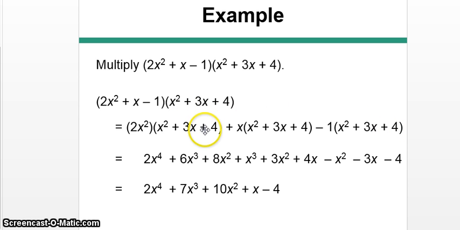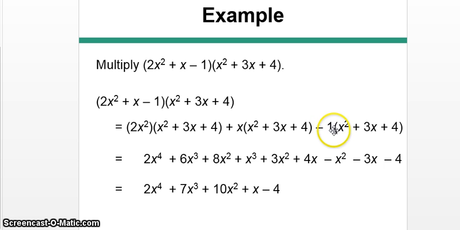After this, we have to multiply each monomial with this trinomial. 2x squared times x squared becomes 2x to the 4. 2x squared times 3x becomes 6x cubed. 2x squared times 4 becomes 8x squared. x times x squared becomes x cubed. x times 3x becomes 3x squared. x times 4 becomes 4x.